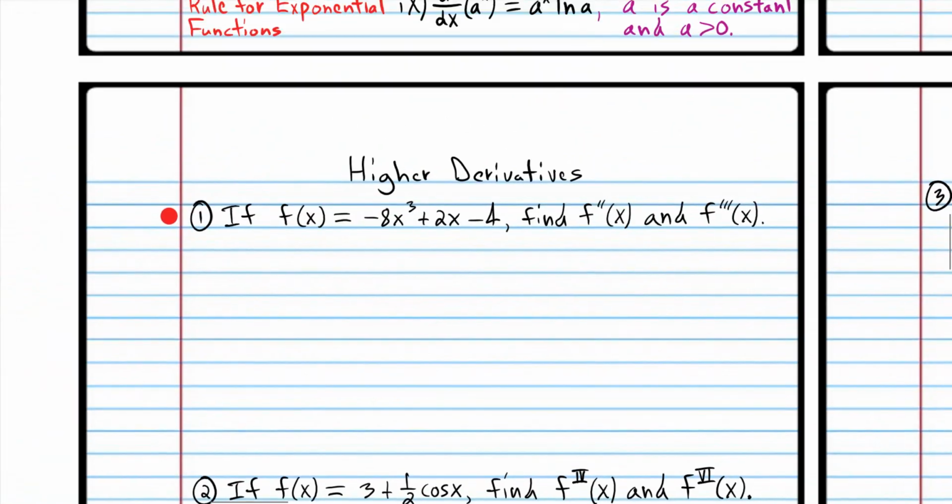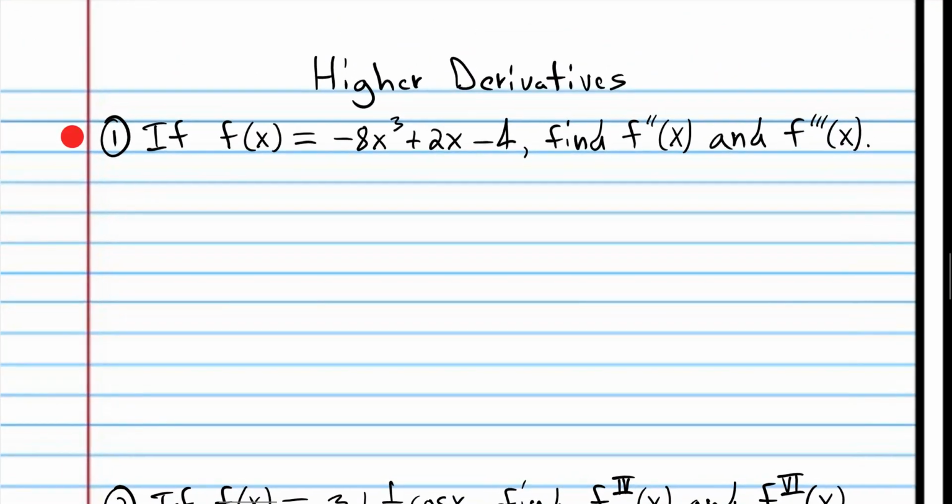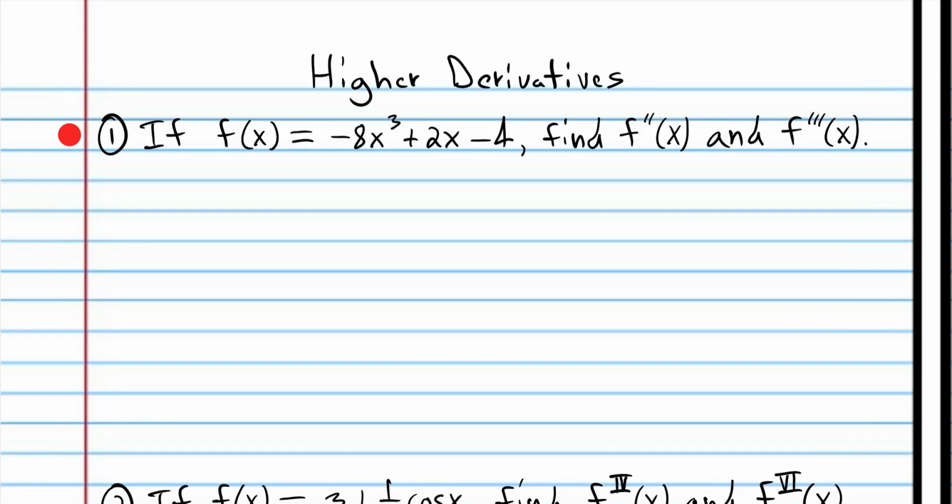And now we're going to learn about higher derivatives. So we learned how to find f prime, the derivative of a function, and in the previous class we had a test called the first derivative test, and you probably wondered, why are we calling it the first derivative test?